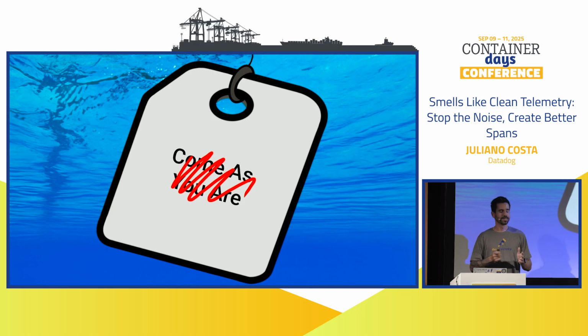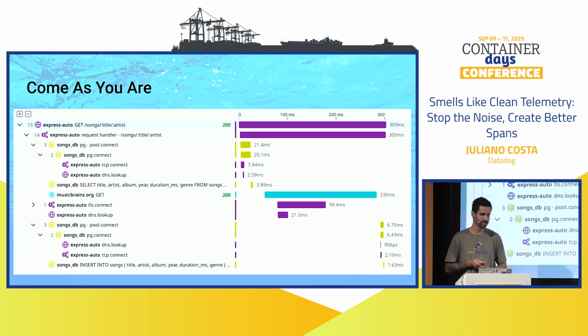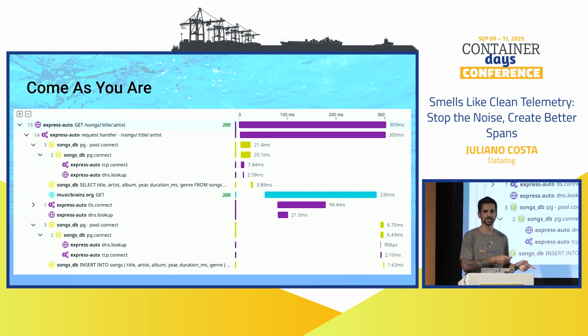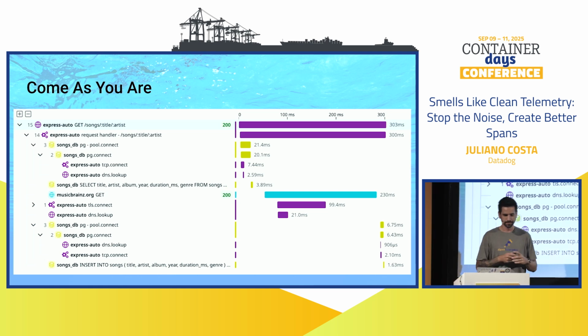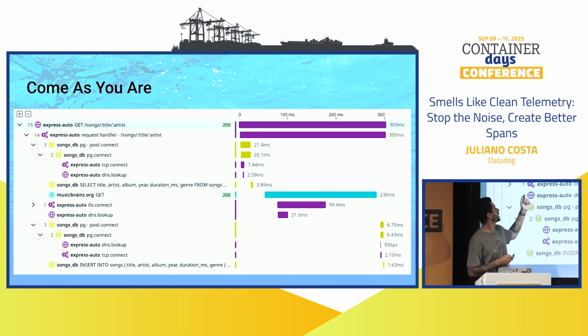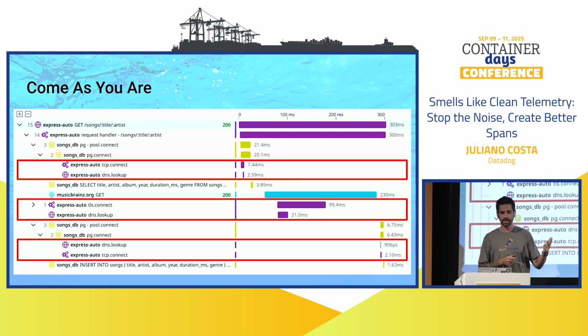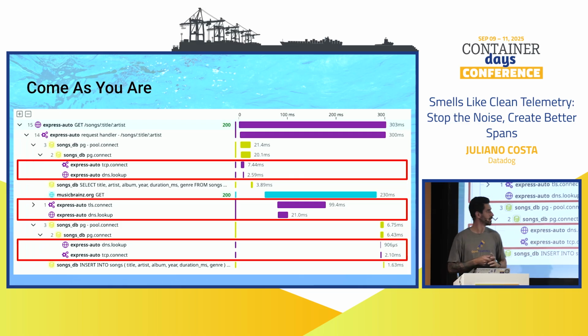And why? Let me show you another example. Again, same application, but now using a framework called Express in JavaScript. The Express instrumentation, the auto-instrumentation of Express, is known to be noisy. And we have here 15 spans, and out of those 15, 6 are actually from TCP and TLS connect and DNS lookup.